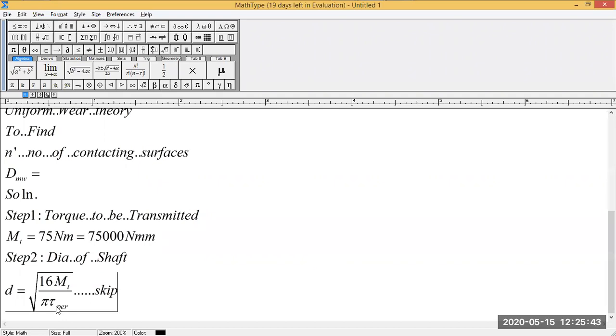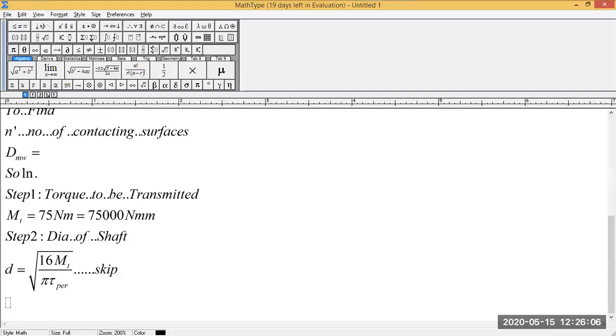Anyway, this D we are not using anywhere. You would have seen in the previous numerical that this D, the diameter of shaft, was not used anywhere. But still, this depends on whatever material is given in the question for the plate. So depending on that, we'll just skip this.